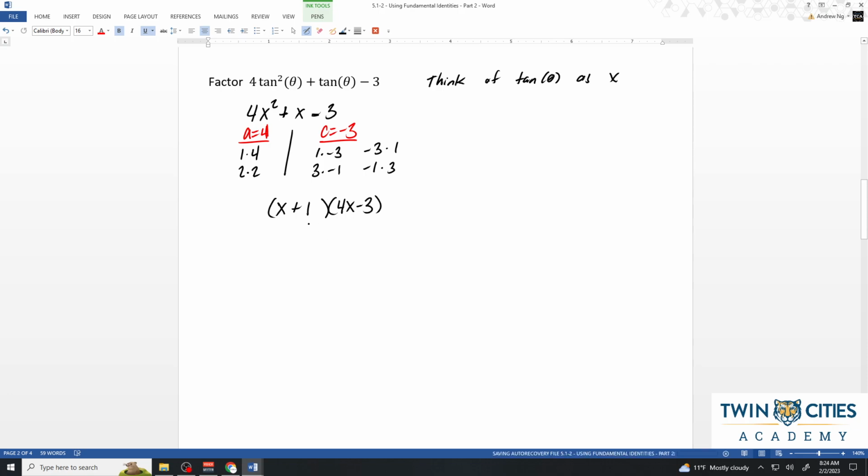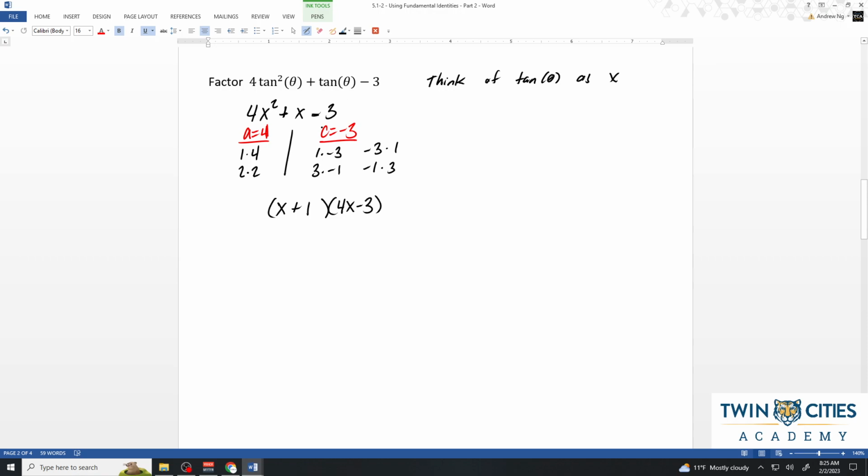But that's not actually my final answer here, because at the beginning of this, to help me factor this, I thought of tangent of theta as x. So 4 tangent squared of theta became 4x squared, plus tangent of theta became plus x, and then still this minus 3. So I want to convert that back.